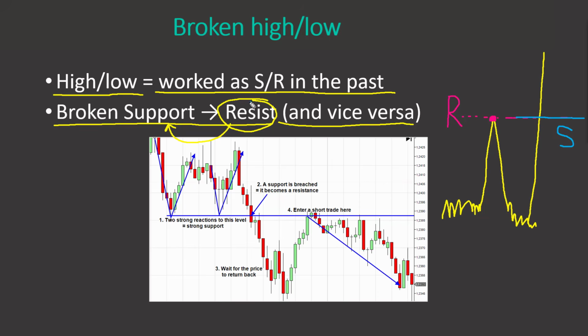Because broken resistance becomes a support. So when this happens, you have a new support here, and that support hasn't been tested yet. It's for you to take. So wait for a pullback, and when the price hits this support, you go long. That's how to trade it.